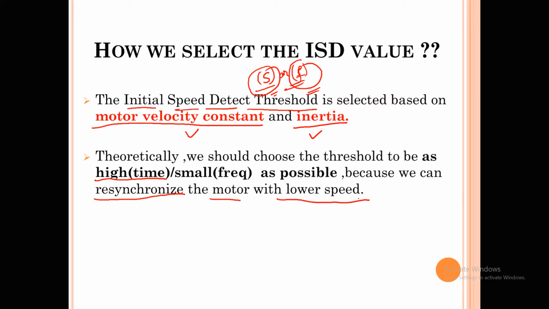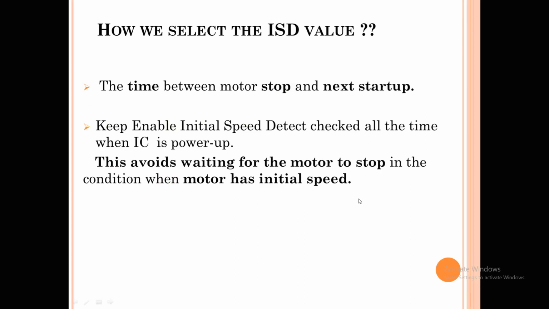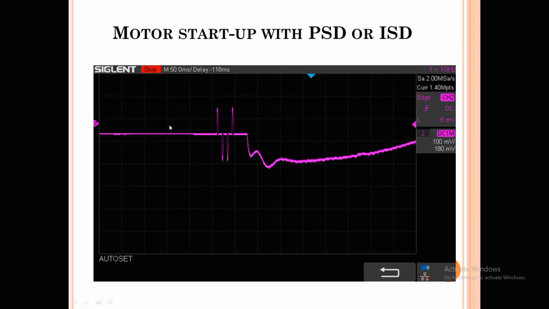Okay, let's see it in detail. Let's assume the motor is in a stationary condition, in the stop condition. So what happens when you switch on the device? It will wait for a particular time.